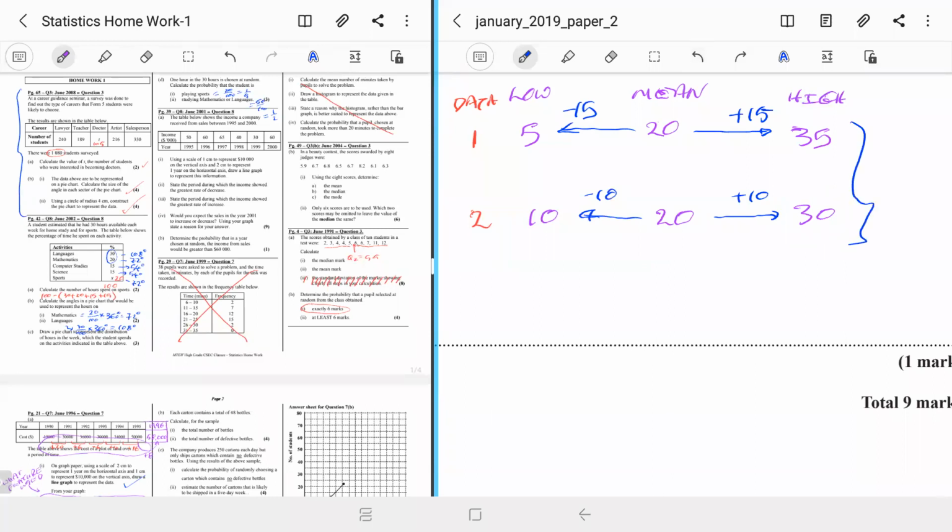Which of these two sets of data would have the highest standard deviation? Let's write ST for standard deviation for now. I think delta is a symbol that they use for standard deviation. Sometimes they use S.